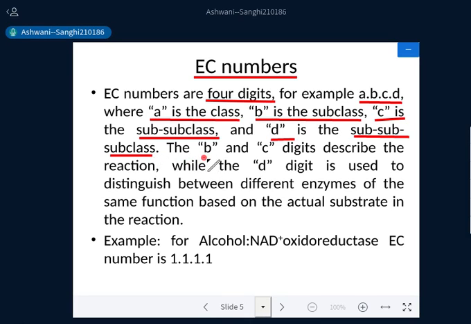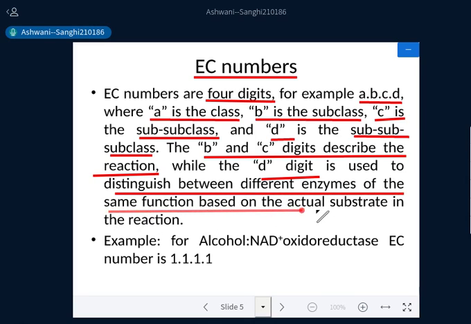The B and C digits describe the reaction, while the D digit distinguishes between different enzymes of the same reaction based on the actual substrate in the reaction.